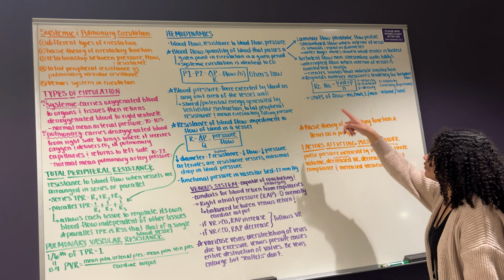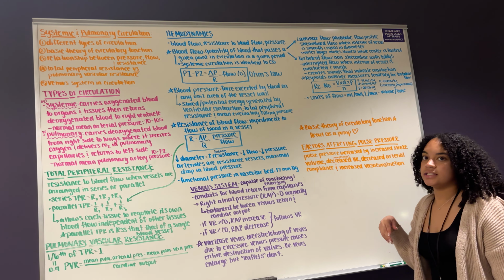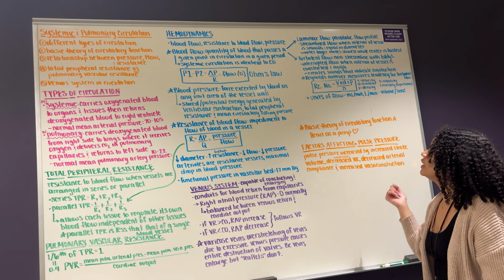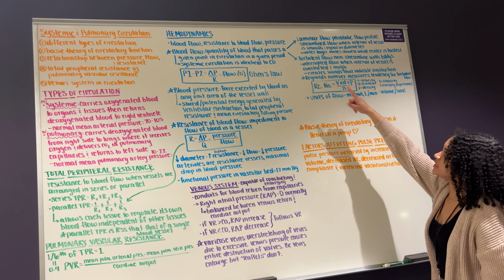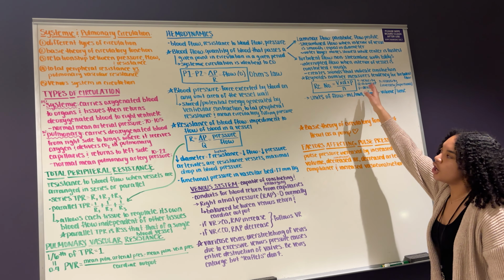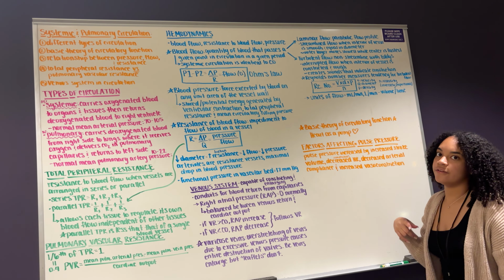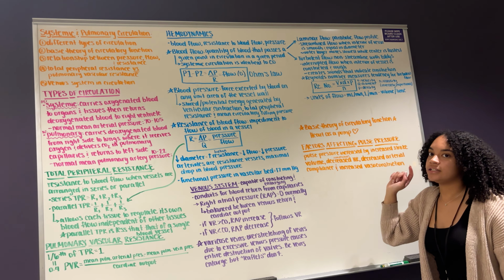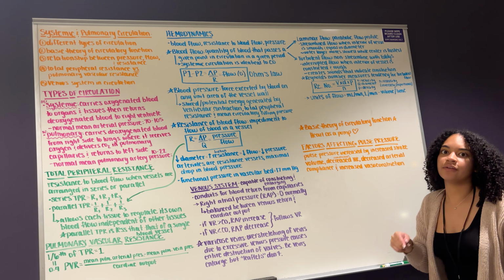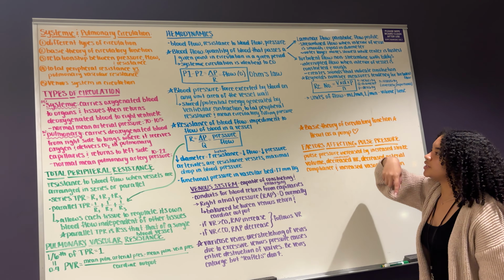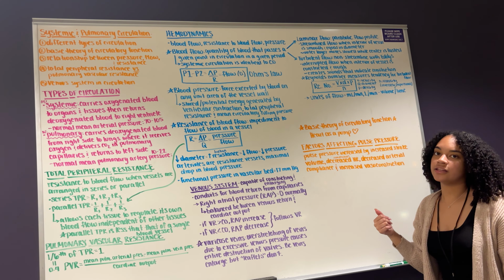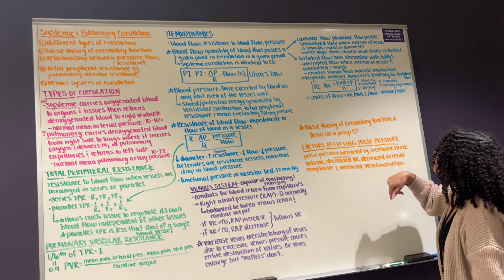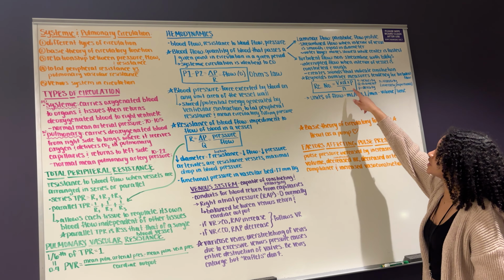This can be measured by Reynolds number. It's gonna measure your tendency for the turbulent flow, and that's gonna be your velocity times your diameter times your density, all over the viscosity of your blood. So all of these on the top are going to be directly proportional to turbulent flow. If you increase any of these values here, you're going to increase your likelihood of getting turbulent flow. The only one that's inversely proportional is this viscosity.